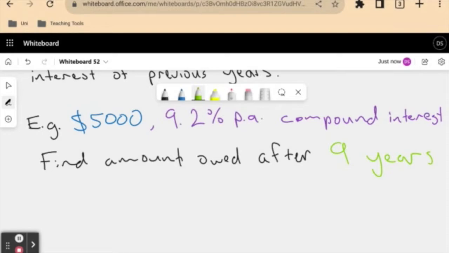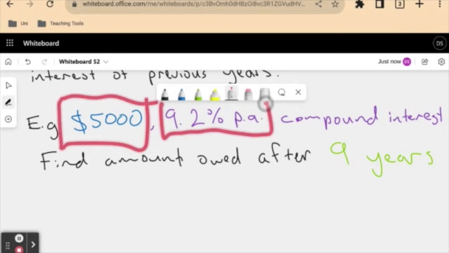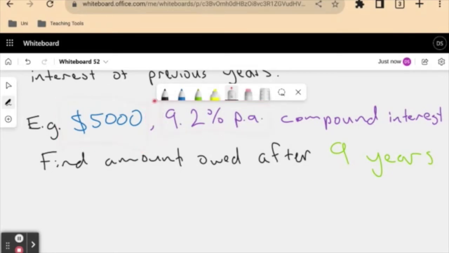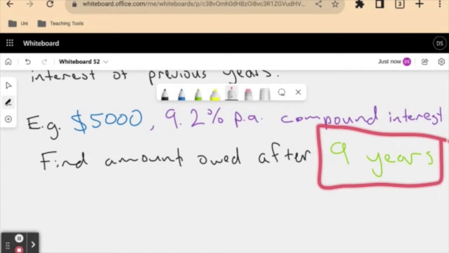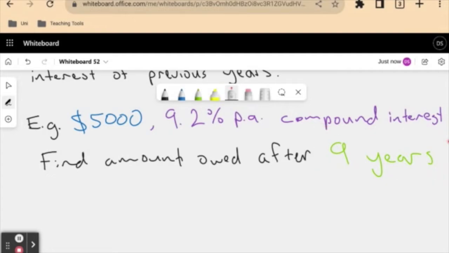So here are our important bits of information. We had the amount he borrowed, the compound interest rate per annum or per year, and the amount of years. Well, the amount he owes after 9 years. So let's look at how compound interest works.